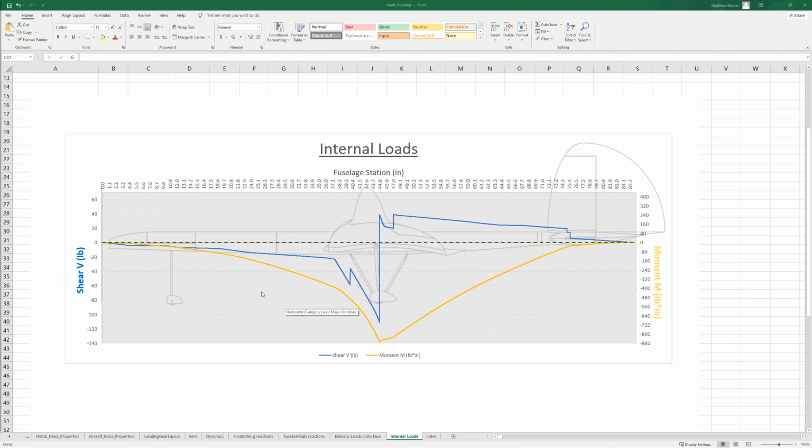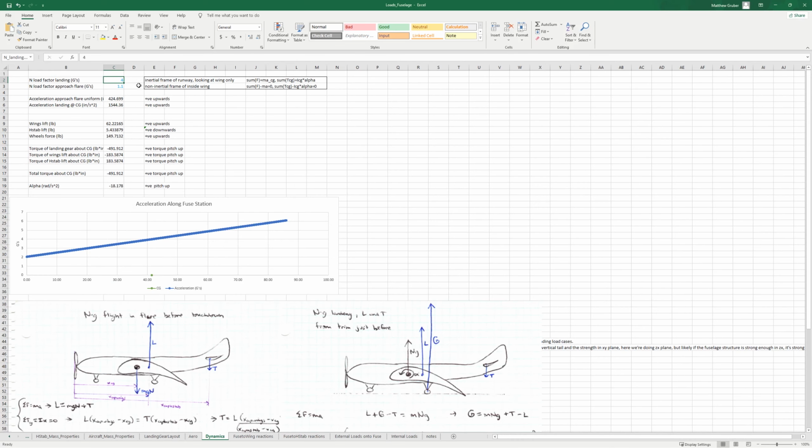And we would also have maybe just a pull up, like a 2.5G pull up or a gust, that type of thing. So for instance, in this sheet, this sheet is entirely designed around a 2-point landing, just a main gear. But if we were doing just a pull up, let's say a 2.5G pull up, we could put 2.5 there and also 2.5 here.